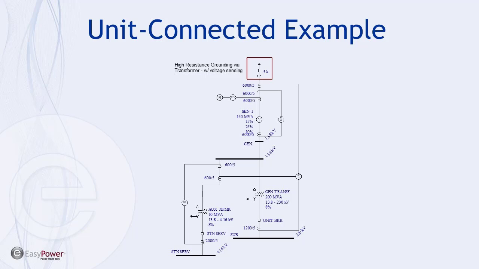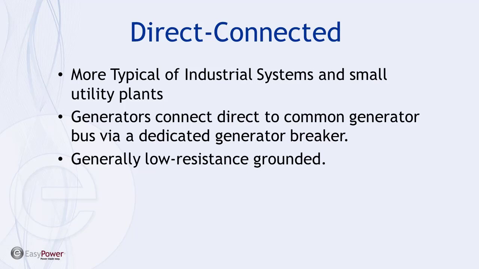So typically these are going to be large generators. The other option I mentioned was direct connected. This is going to be more typical of industrial facilities, cogeneration plants, and smaller utility plants. You have small isolated utility systems on islands. You may have lots of diesel generator systems, and these are typically going to be direct connected.